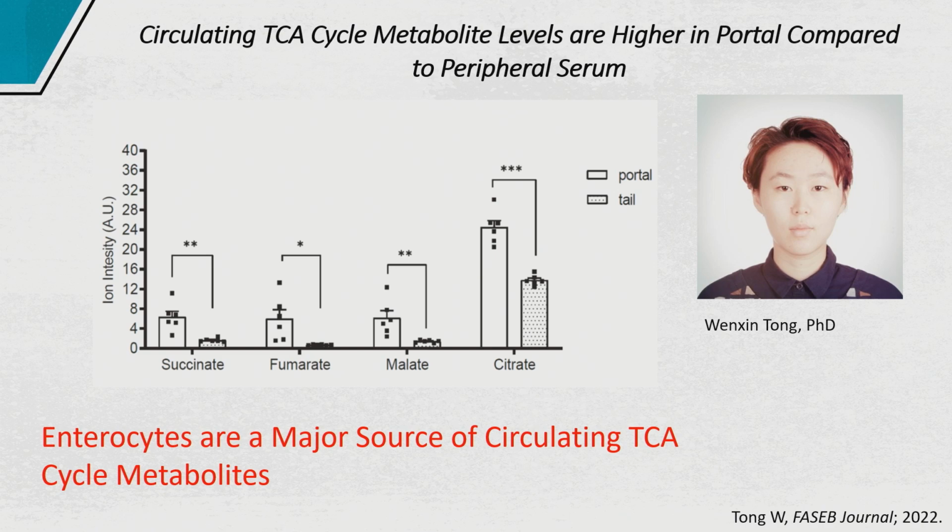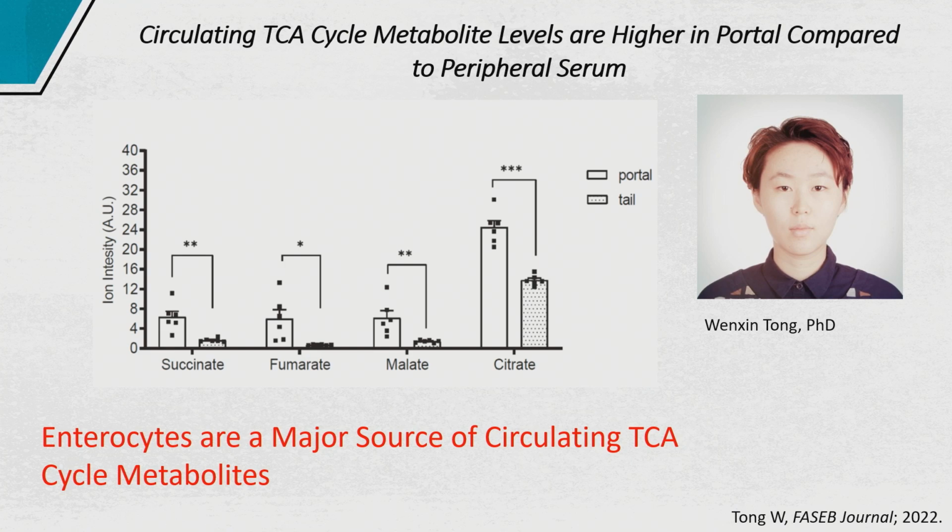But one of the obvious hypotheses when you encounter data like that is, well, maybe these TCA cycle metabolites are being made in the intestine, whether it's the microbiome or the enterocytes, and being secreted into portal circulation, and maybe they're then scavenged in the liver.